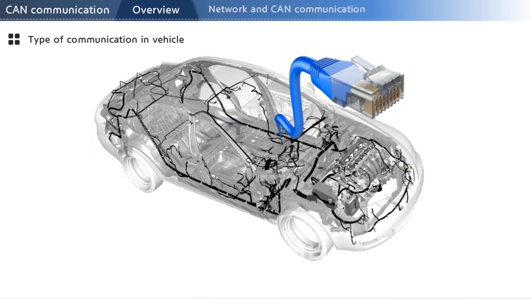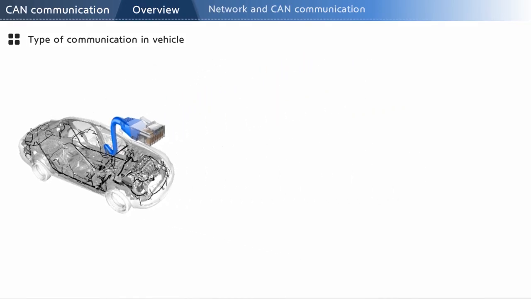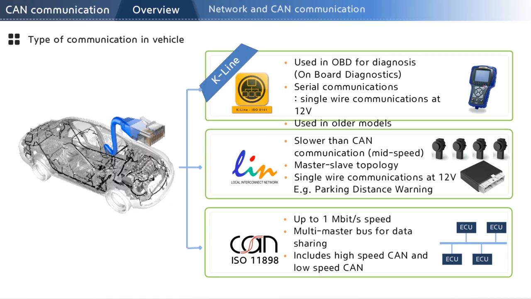Now that we have covered the meaning of network and its benefits, let's move on and talk about the types of vehicle communication. K-line is a serial network protocol for diagnostic communication mostly used in the past. LIN allows for local communications between the master and slave components.